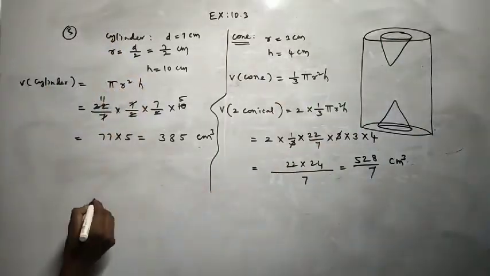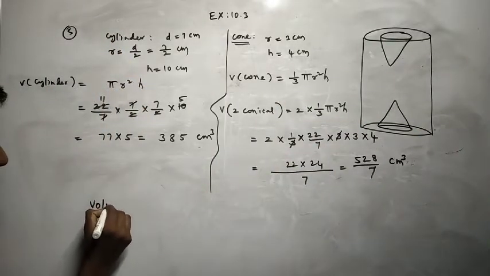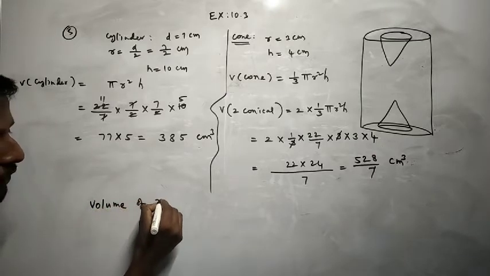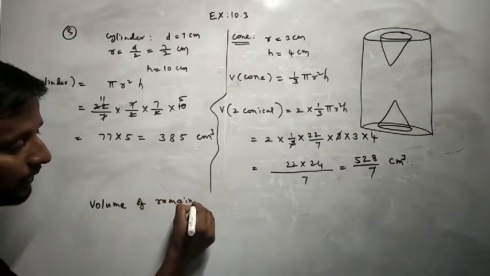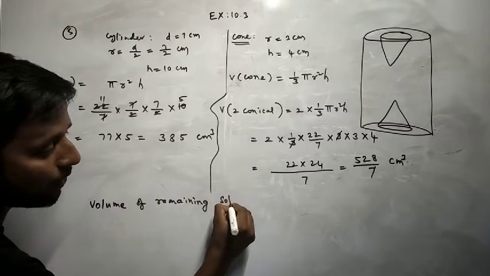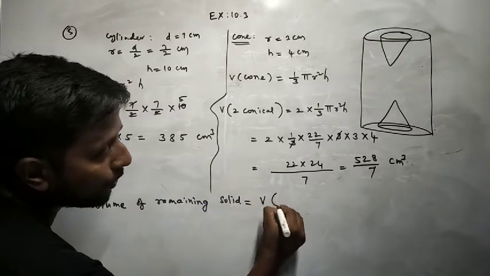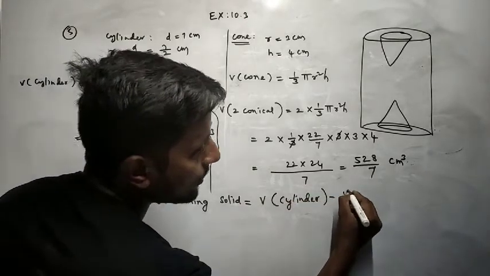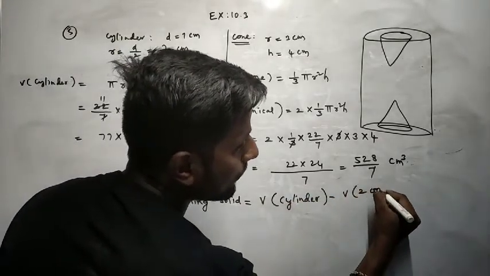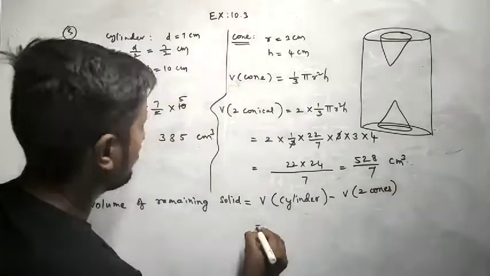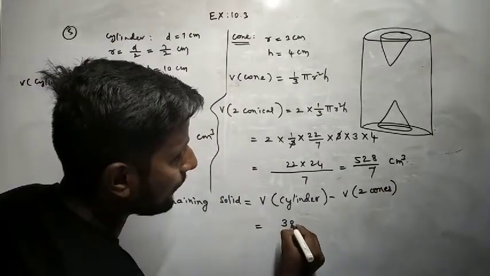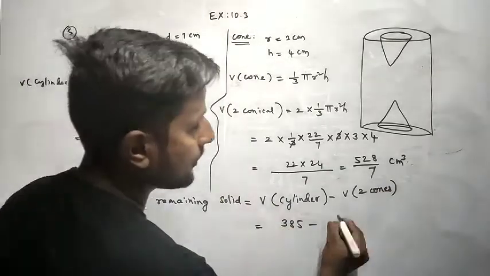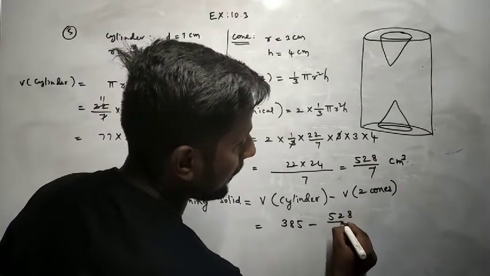Now what I want to write, volume of the remaining solid is equal to total volume, that means volume of cylinder minus volume of two cones. Right, then we'll write 385 minus 528 by 7.